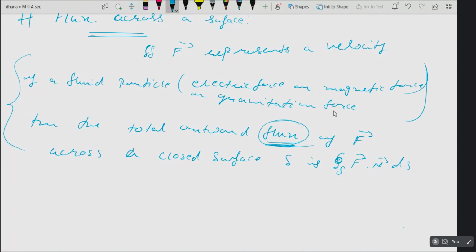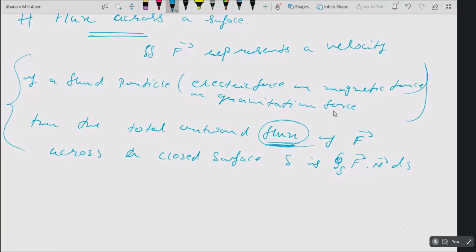Please answer, any one of you. Some rays in a particular area. Number of field lines, something like that. Anyone else?